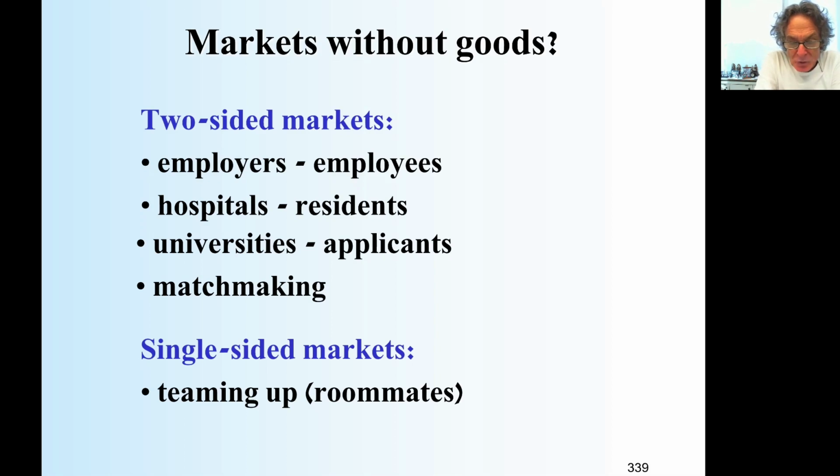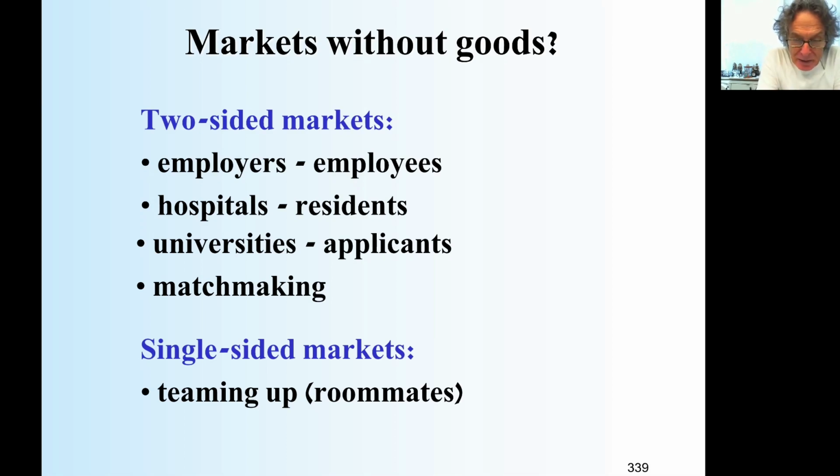This is actually single-sided because it's not like there are two groups, women and men, employers and employees, and the two groups are completely disjoint, and we want to match them one to one or one to many. By the way, we are going to talk mostly about matching one to one.